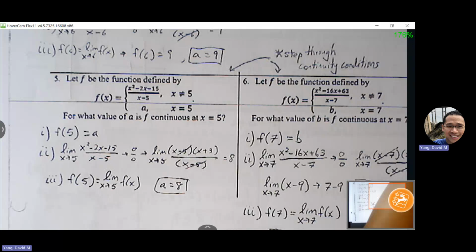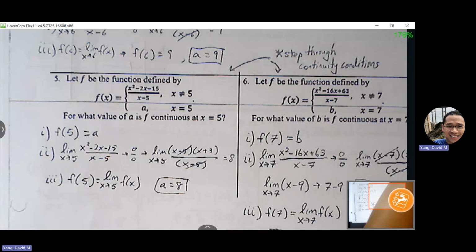Our c value is 5. F of 5 is a. That's defined with the second piecewise, which is just the point. Limits. We're talking about the approach, but know that we're talking about the same graph on either side of 5. There's no need for one-sided limit. Jump directly to just that first piecewise.